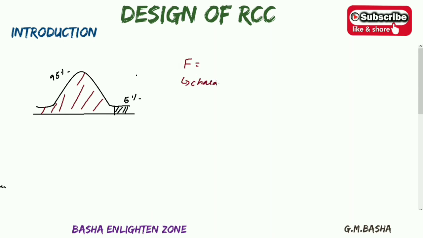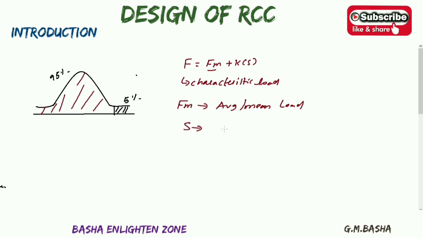That one will be equal to characteristic load, F = Fm + K into S. So what about this Fm? Again this Fm will be equal to average or mean load, and K here is a constant and S is the standard deviation. You people know that one, standard deviation.